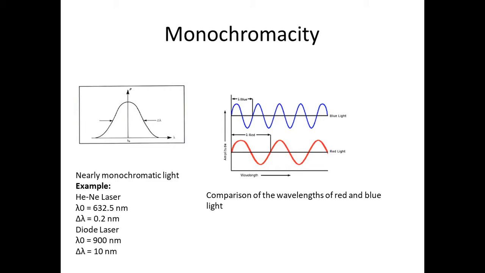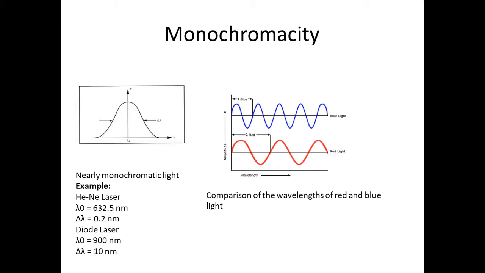What do you mean by monochromatic? Monochromatic means a single wavelength or a very small difference between the waves of the light. For example, helium neon laser has a wavelength of 632.5 nanometer with a difference of 0.2 nanometer. Diode laser, 900 nanometer with a difference of 10 nanometer.